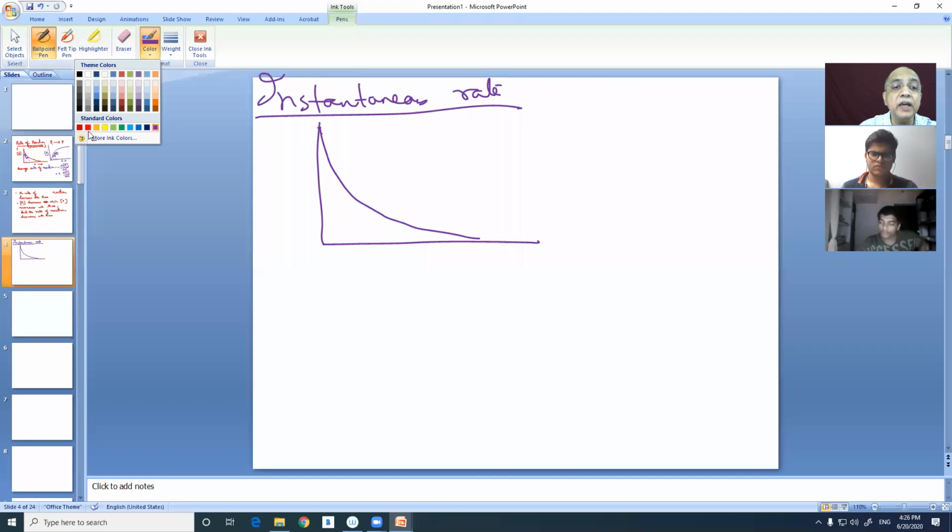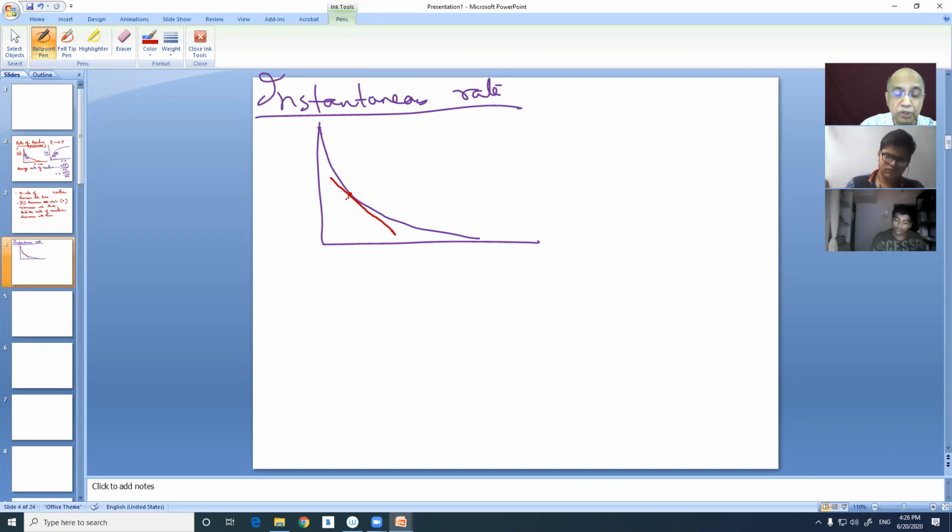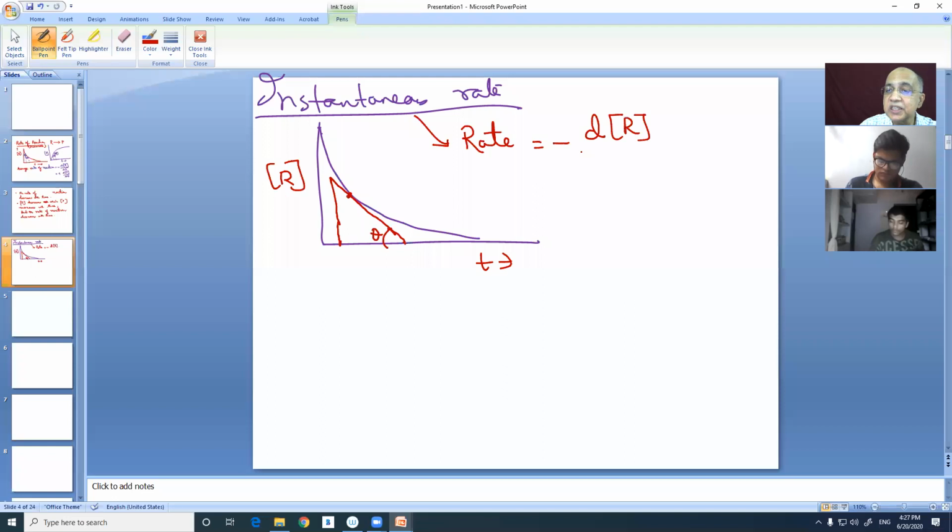And supposing you have a particular point, you draw a slope, draw a tangent at that particular point, and theta, supposing this is theta, so this is supposing reactant concentration, this is time, so rate, instantaneous rate is equal to minus dr by dt.